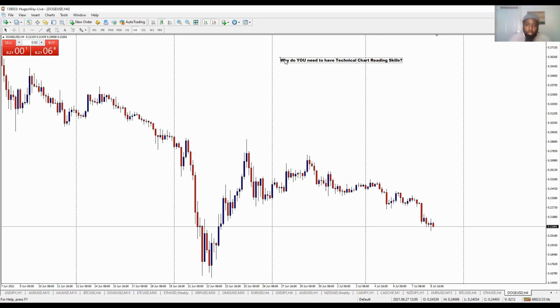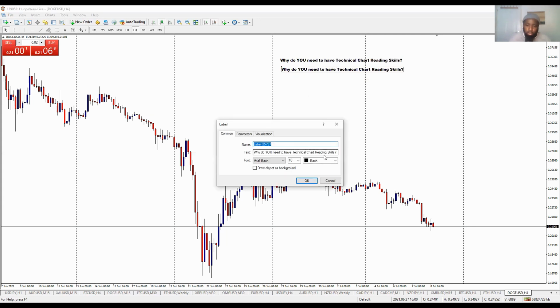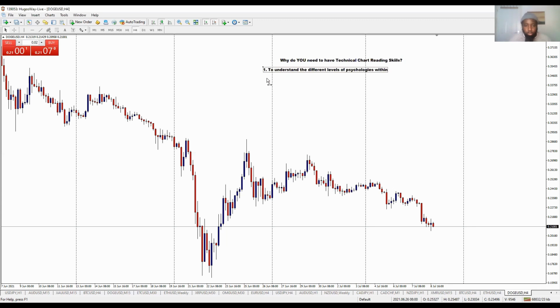Now, the biggest reason why is not because you're going to be able to buy at the right price or sell at the right price, because most of you will think about that. The number one reason is to understand the different levels of psychology within, and I need more space for this, within the market that you're in.